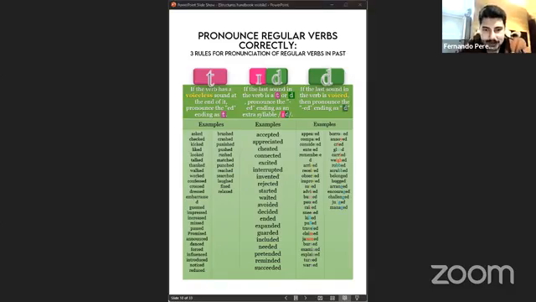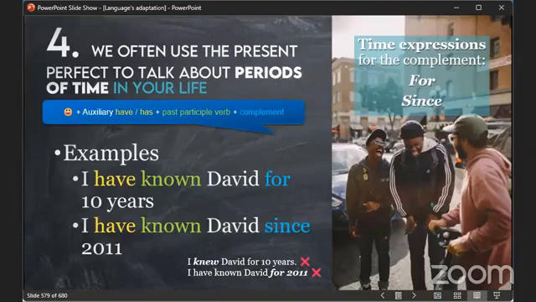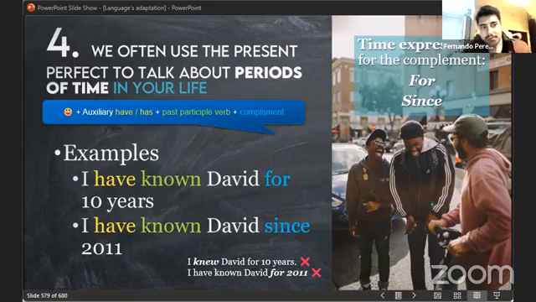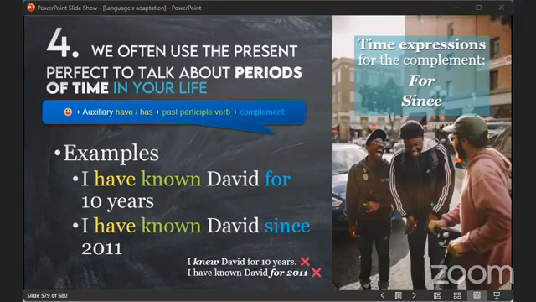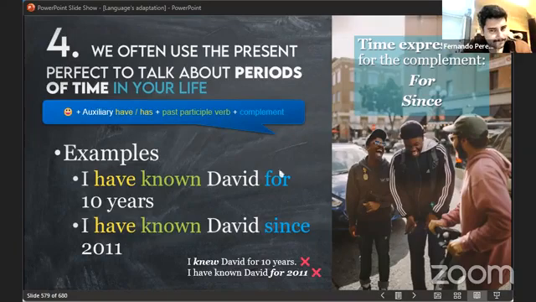The same idea using for. I trained in the gym. Did you finish training or do you continue training? I started, but for is a period of time.